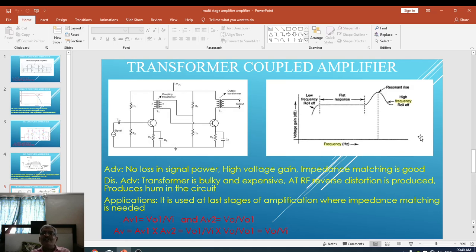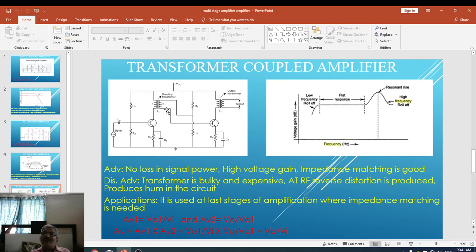Friends, this transformer coupled amplifier also has some advantages. That is, no loss in signal power, it has a high voltage gain, and it has perfect impedance matching. Disadvantage: here we are connecting the transformer. It is bulky, hence its weight increases and the circuit becomes expensive.